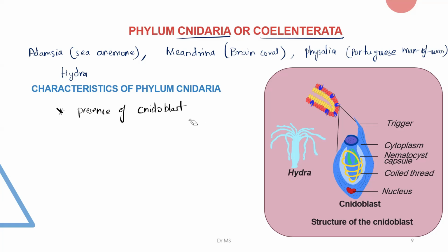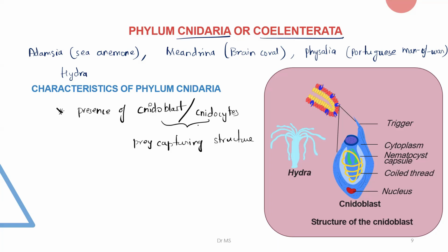It's a kind of structure which is helpful for preying, for capturing the organism. That's why they got this name, cnidoblast. This cnidoblast is also called cnidocytes. Remember, there is a presence of cnidoblasts or cnidocytes, which are prey capturing structures.